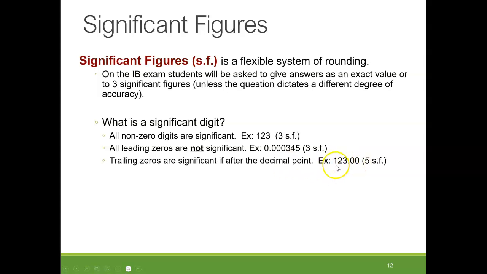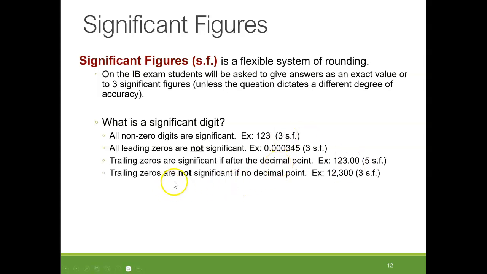So if there's no decimal point, if it's just 10, that's 1 sig fig. If it's 10 with a decimal point, that's 2. If it was 10.0, that's 3. The trailing zeros are only significant if there's a decimal point. Everybody's cool?